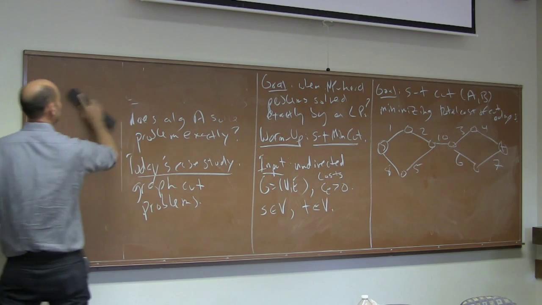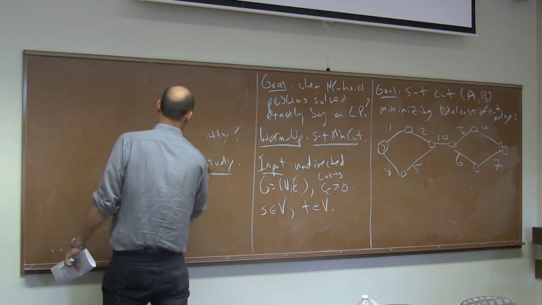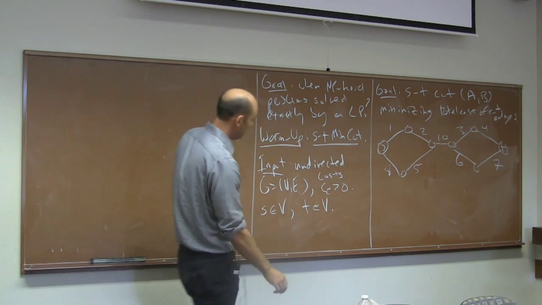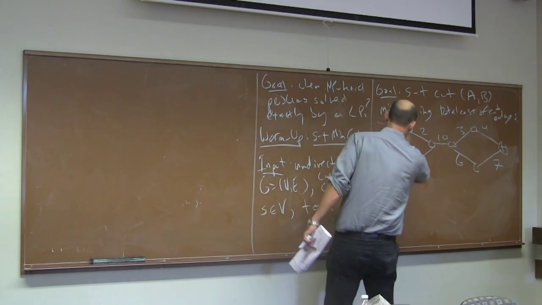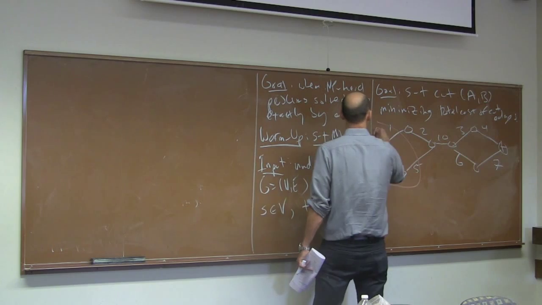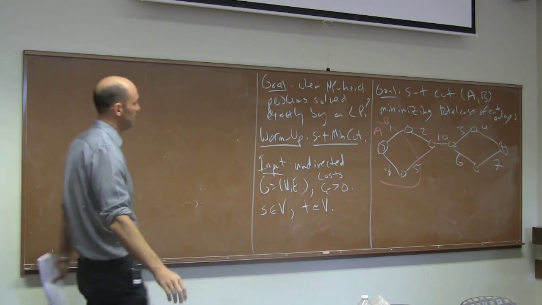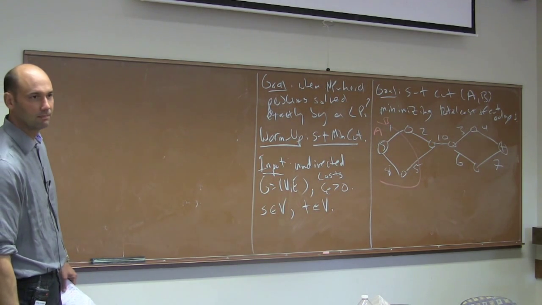What do you think? Heard a 7, heard a 6. I think it's 6. If that's A and that's B, that separates S from T and it cuts 6 edges, and I don't think there's any cheaper one.